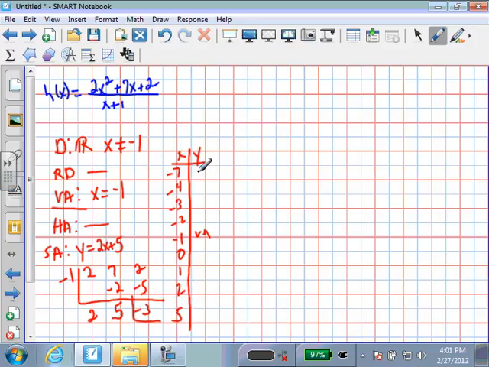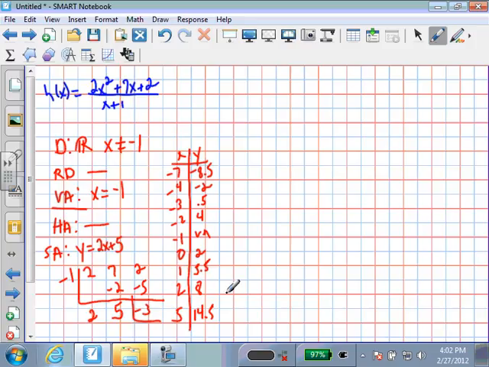So -7 was at -8.5. -4 was at -2. -3 was at 0.5. -2 was at 4. 0 was at 2. 1 was at 5.5. 2 was at 8. And my fun point, 5 was at 14.5.